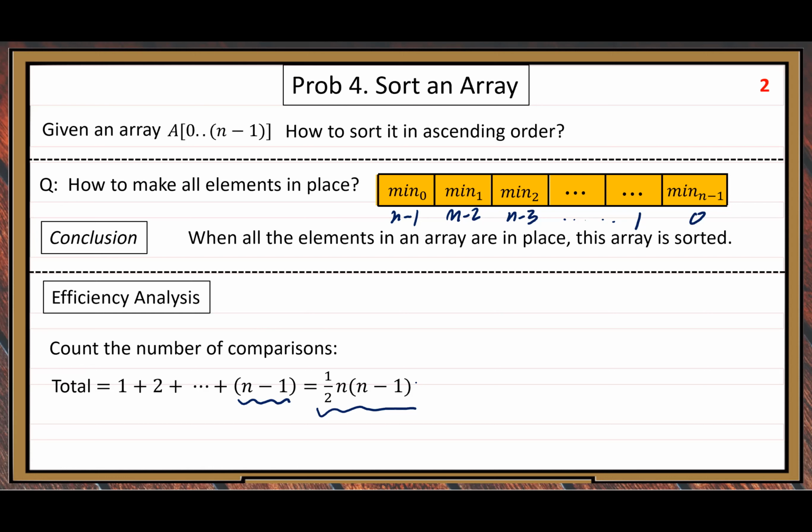Best case, worst case, and average case. Really, the best case would be if all the elements are equal. Even if all equal, how many comparisons do you need?